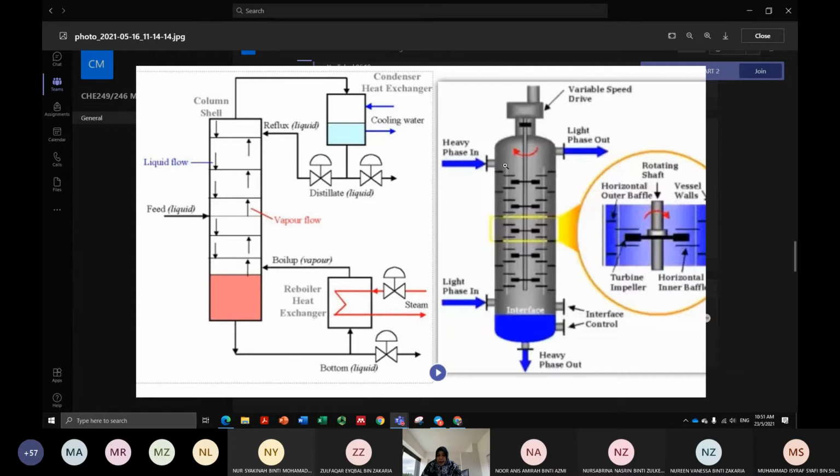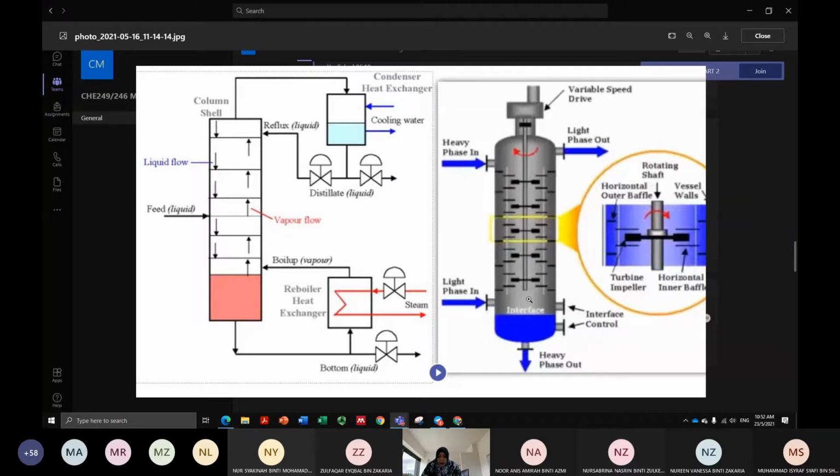The heavy phase is fed from the top of the column, and then it flows downward because it is heavy. The light phase, which is your solvent, or the symbol that you might want to use is Vn plus 1, will be fed at the bottom of the column.